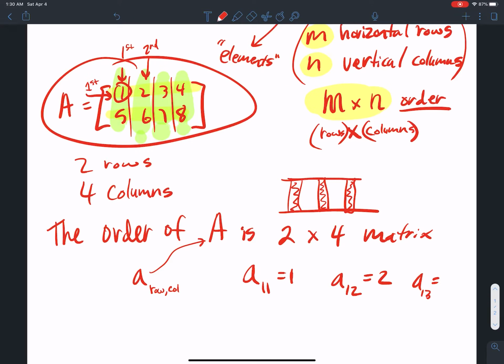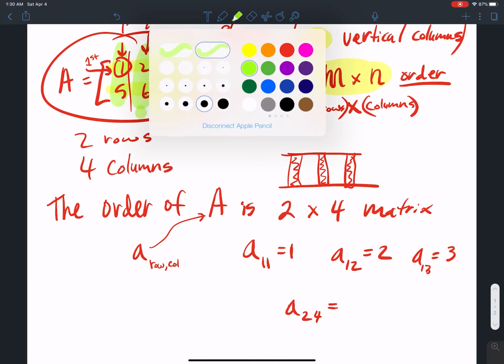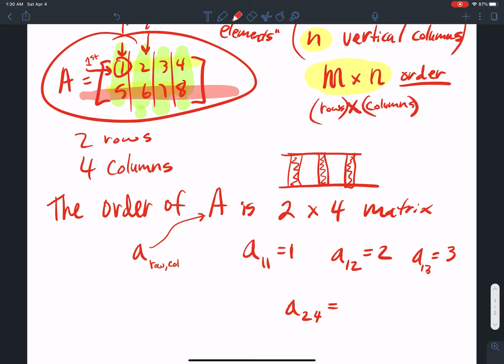A13, that's the first row, third column. If I said A24, this is row 2, and then column 4. So what number is that? That's 8. So hopefully that helps you in figuring out what those pieces are.